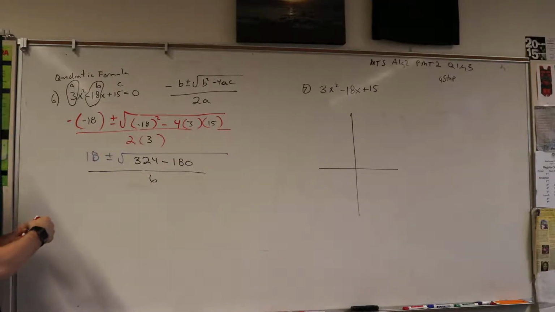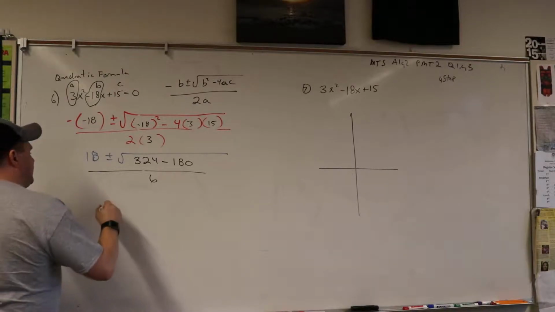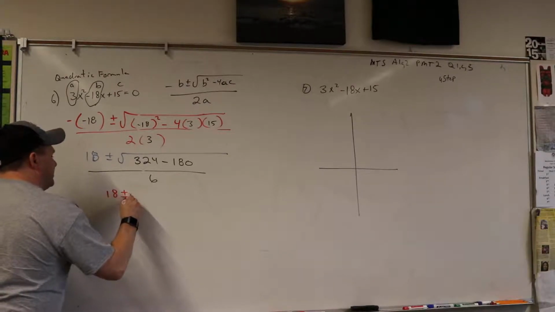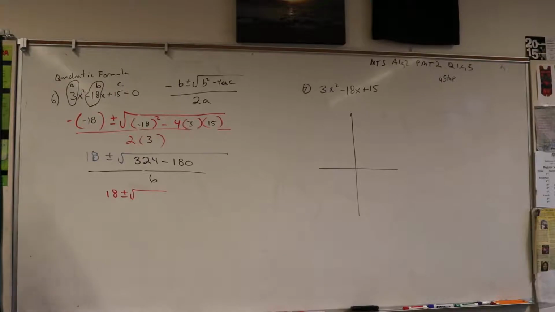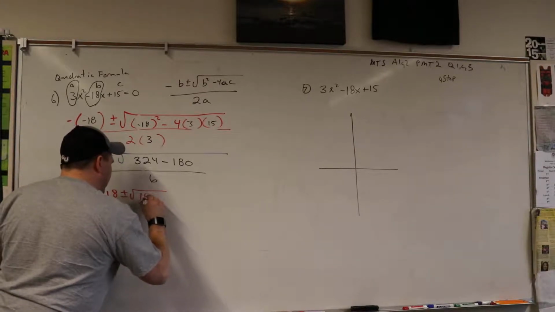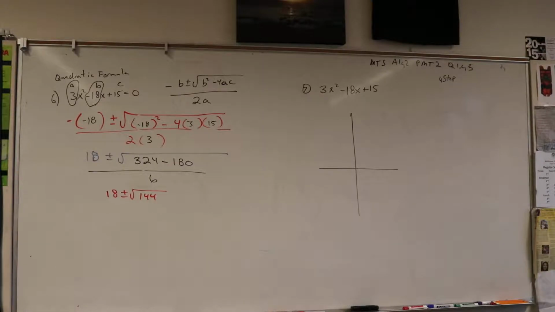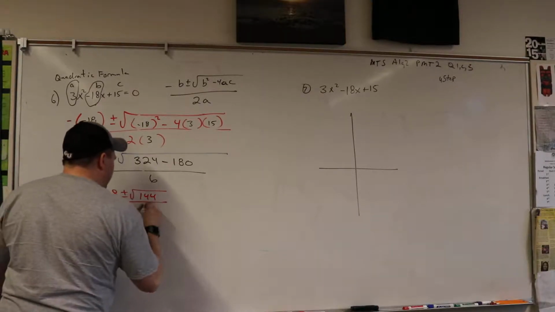324 minus 180, so we got 18 plus or minus the square root of 144, all over 6.